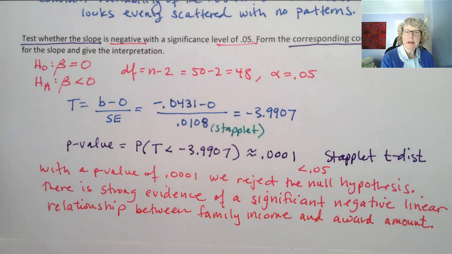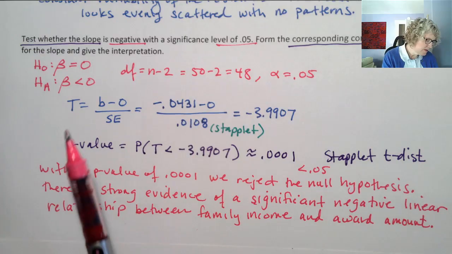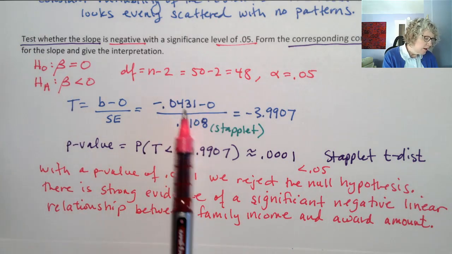And that also doesn't mean that's the only factor, right? Because we saw the R squared was only about 25%. So there's other factors as well, but this does appear to be a factor, right?